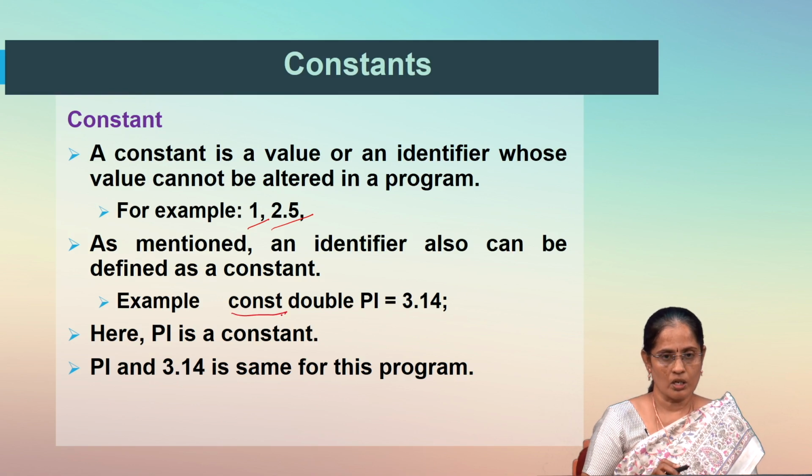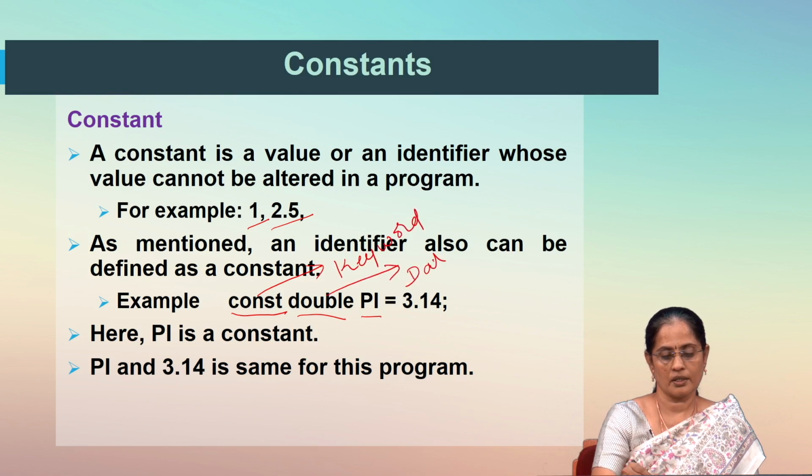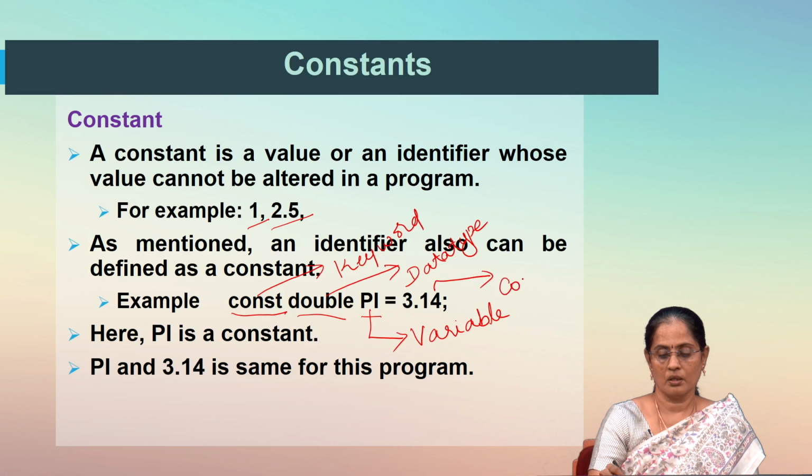Use the keyword const, then the data type, and then the variable name. Here, const is the keyword, double is the data type, which mentions that a floating point value can be stored, and pi is the variable, and this 3.14 value is the constant.